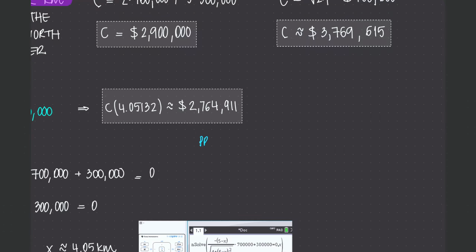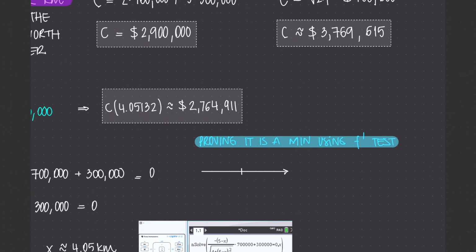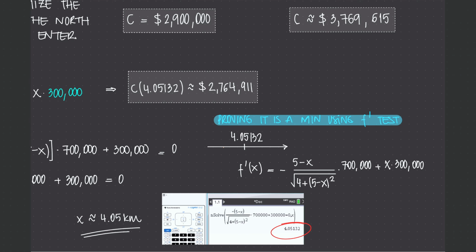So let's call this proving it's a min using the first derivative test. You're going to draw a number line. You're going to place your x value over here. And by substituting a number which is lower than 4.05 and one which is greater than 4.05 into the first derivative, you're going to get to establish whether the function is increasing or decreasing for these intervals.